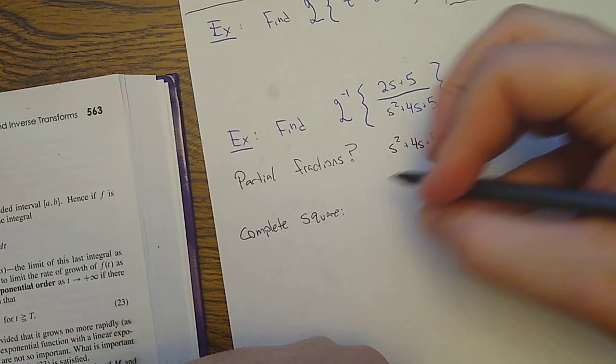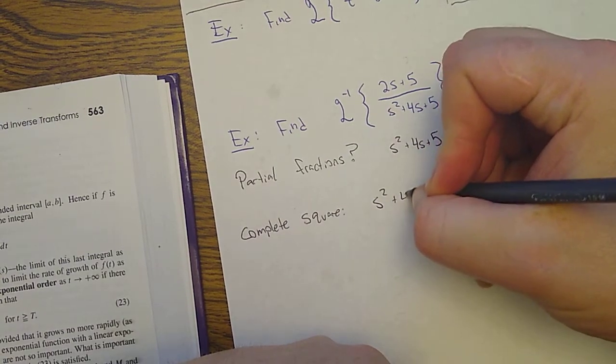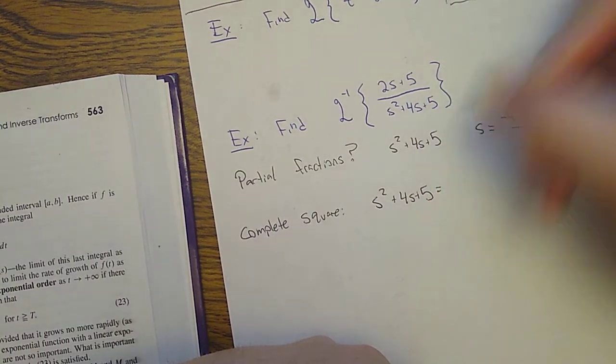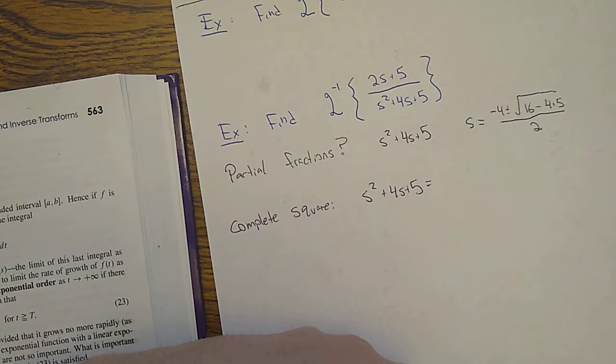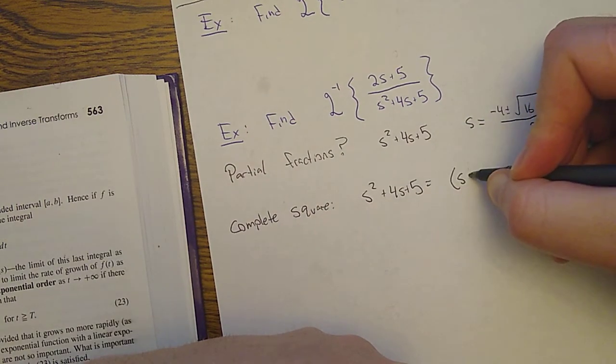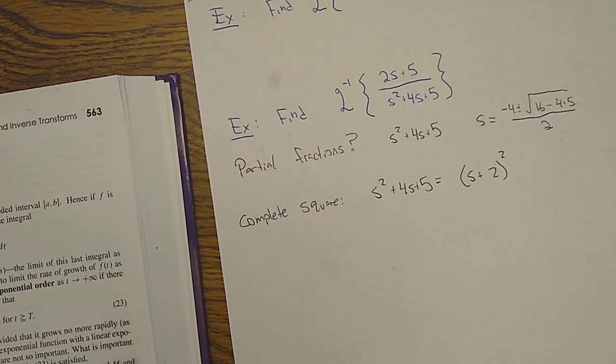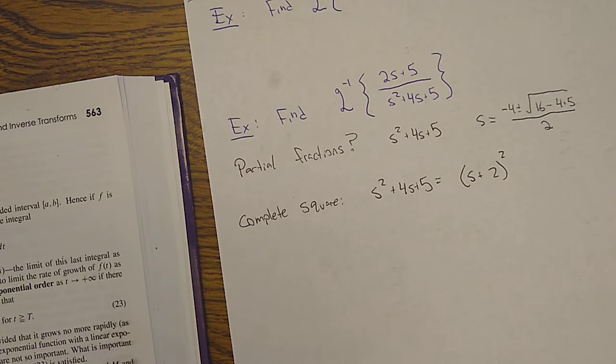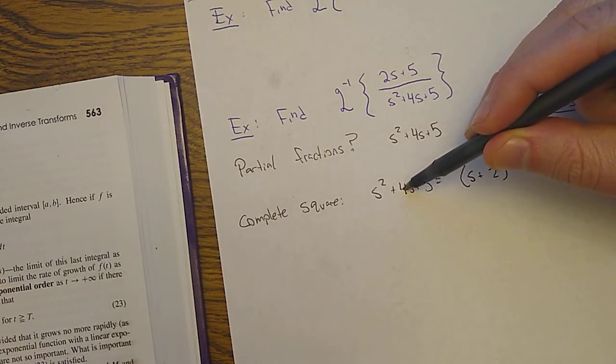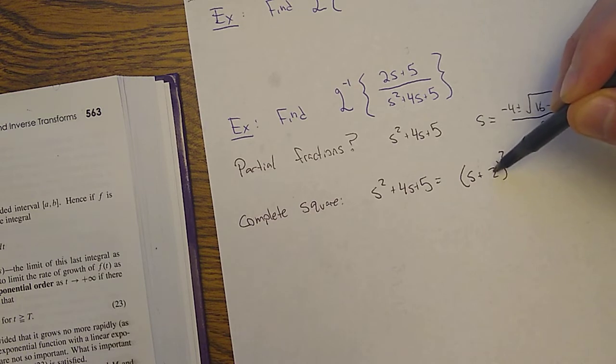That means that we should be completing the square. So s squared plus 4s plus 5 is... I take half of this number, so 2, and that's why this is a 2.